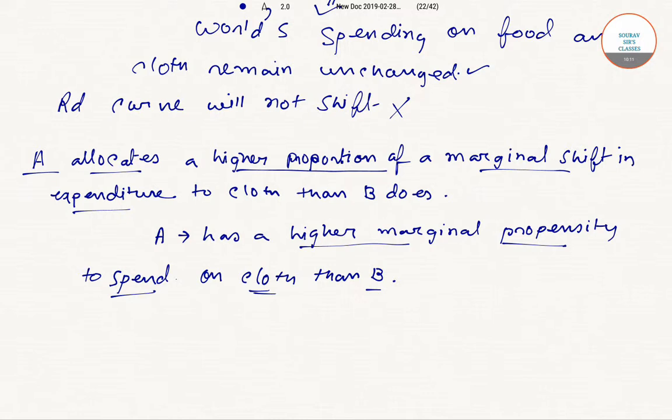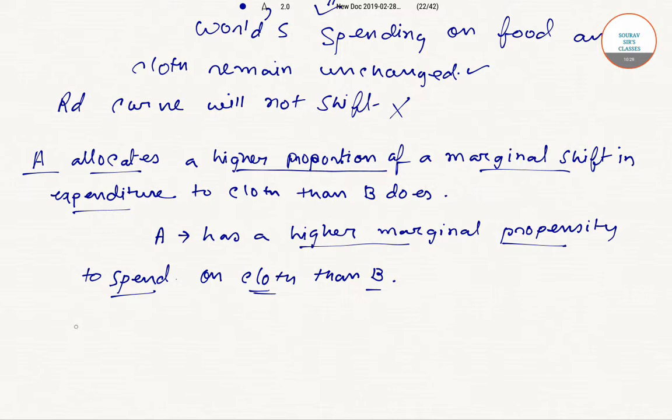From here we know correspondingly B must have a lower marginal propensity to spend on food than A at any given relative price. A's transfer payment to B reduces the world demand for cloth and increases the world demand for food.